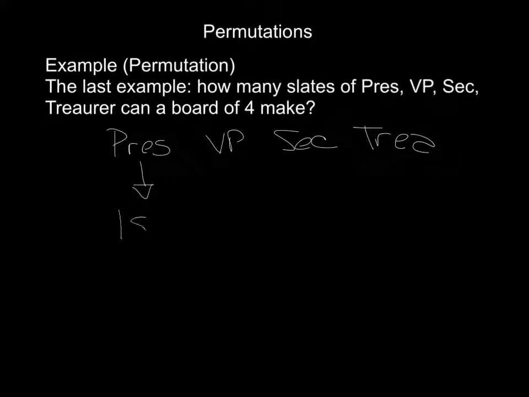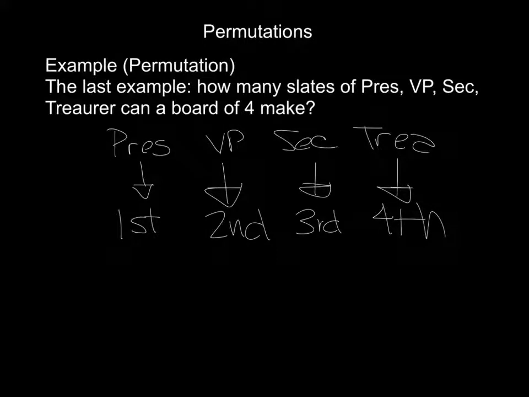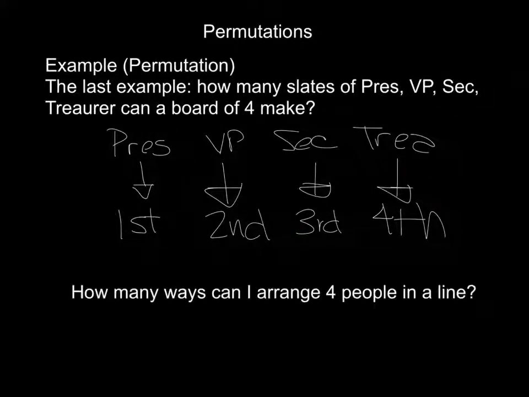So I could think of this as choosing a first person, a second person, a third person, and a fourth person. Instead of the role of president, I could say this is my first person. Instead of vice president, the second person. Secretary, the third person. Treasurer, the fourth person.